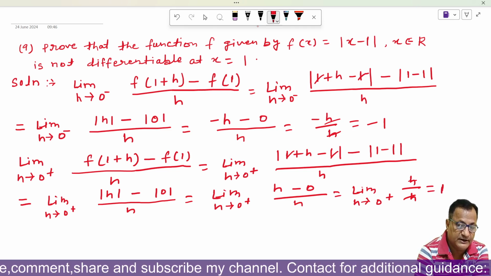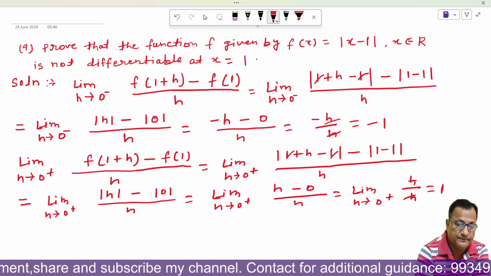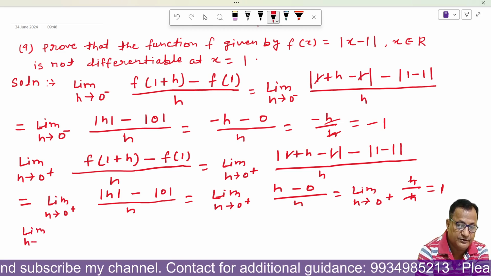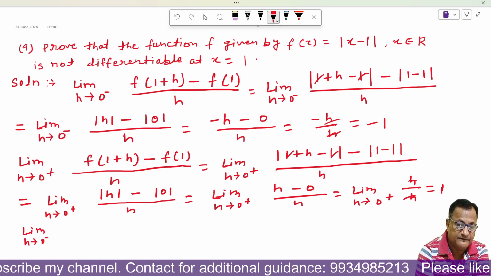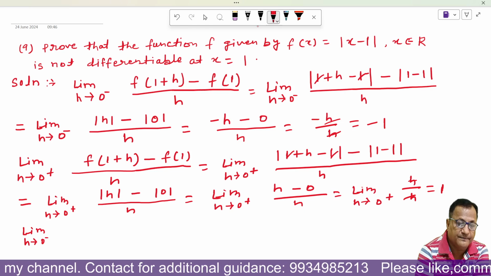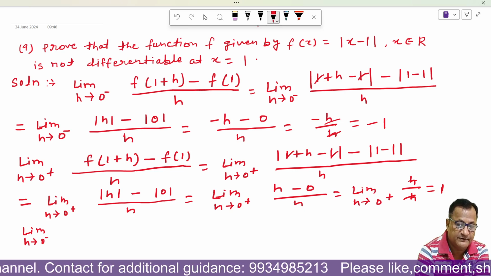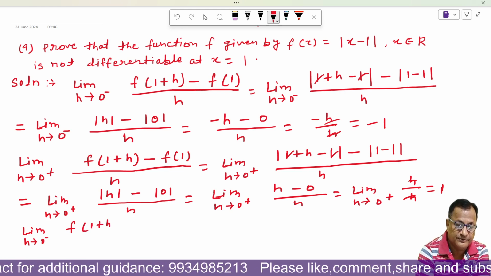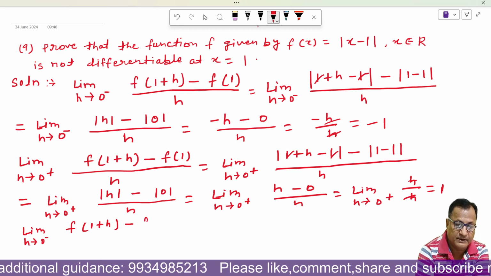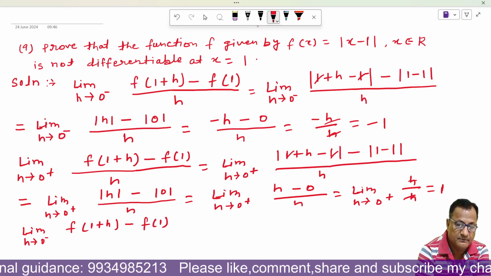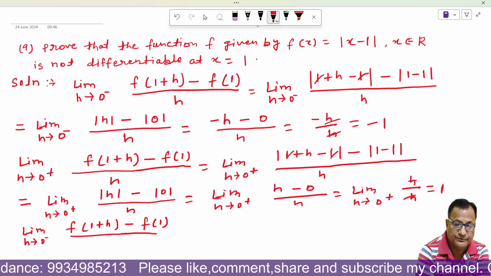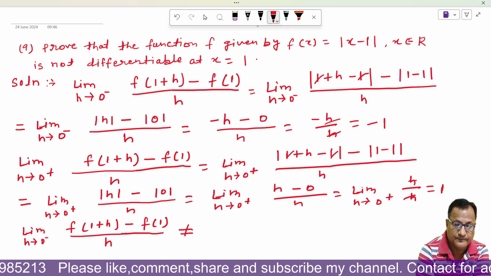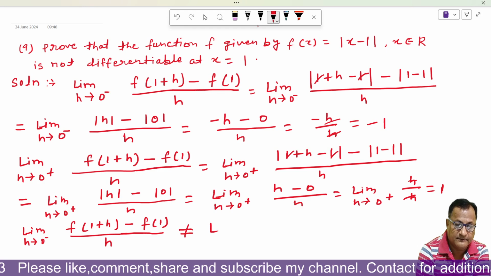So here we see that the left hand derivative of f at 1 is not equal to the right hand derivative.